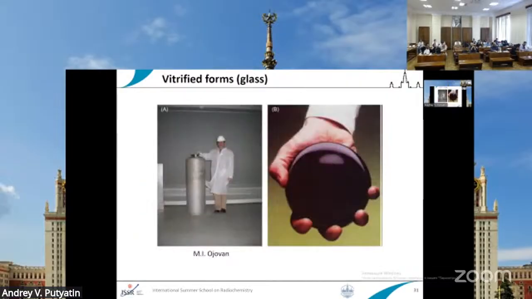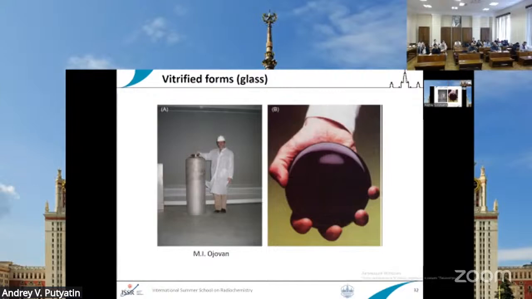For high-level waste, we can use the vitrified form, so glass materials. When glass is synthesized or prepared at high temperatures, it is a liquid material.